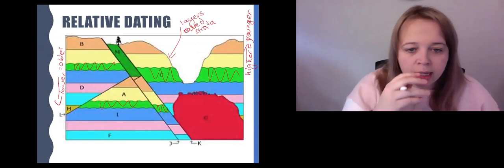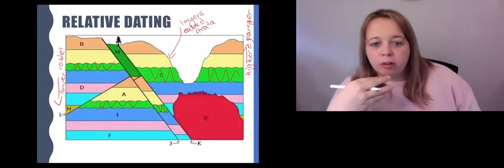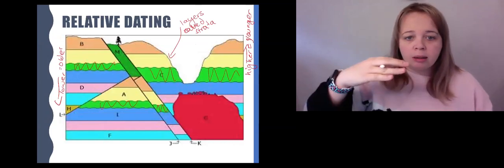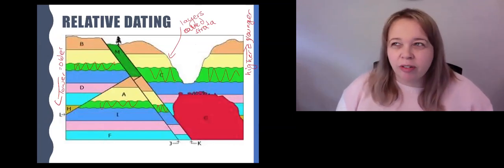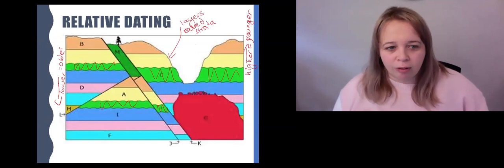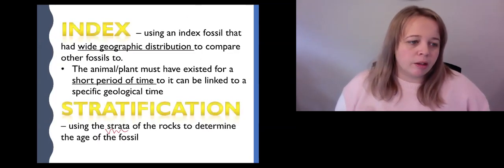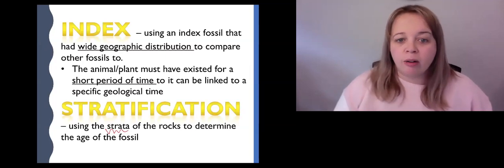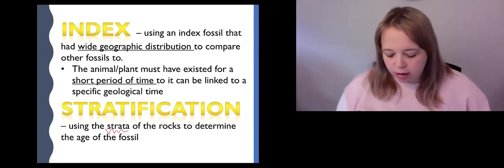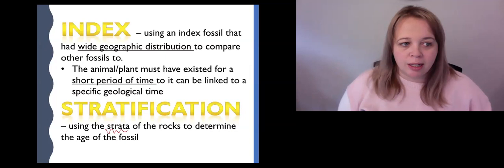So using the layers and deciding whether something is below or above can tell us how old it is relative to that level. So stratification is the process we use to compare how young and how old these things are.